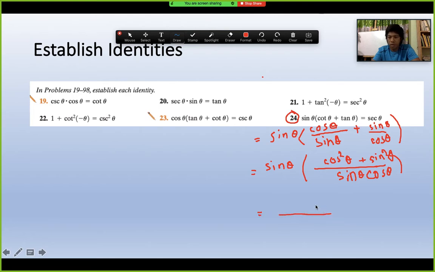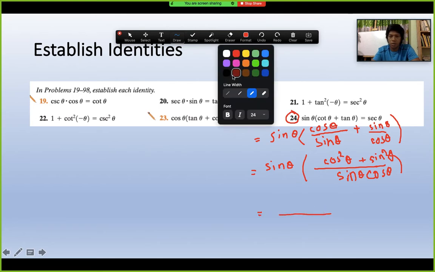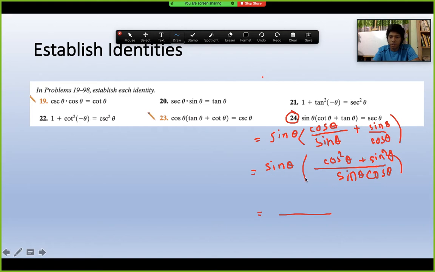Now actually we can cut the things, because now everything is only one term here. This sine theta and sine theta we can now cut, and this cos square theta plus sine square theta equals 1. Then divided by cos theta.